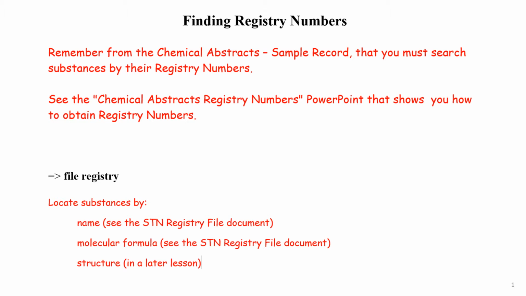You may want to go back and look at the PowerPoint on the sample chemical abstracts record, where you will see, and I've said this many times because it's so important, that every chemical substance is present only as its registry number. Only occasionally will you see the name of a substance. You need to get the registry number of the substance you are looking for and get it into the system.